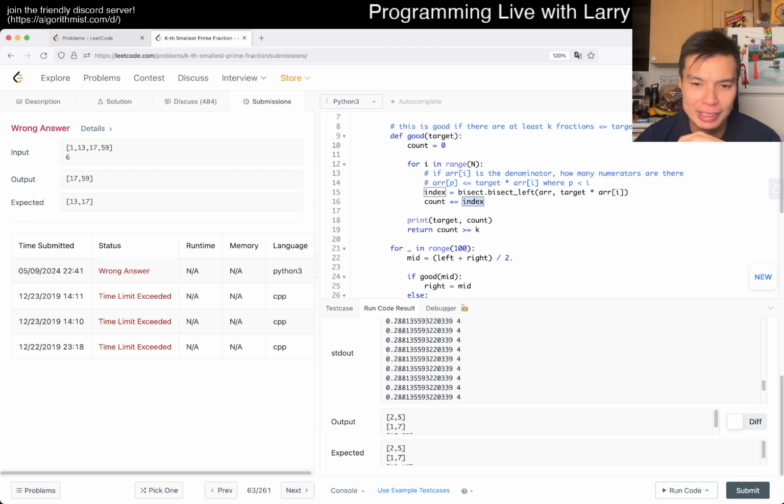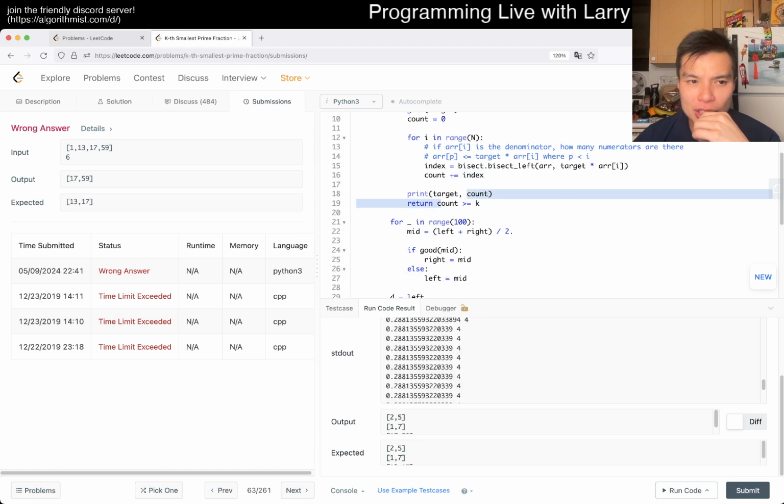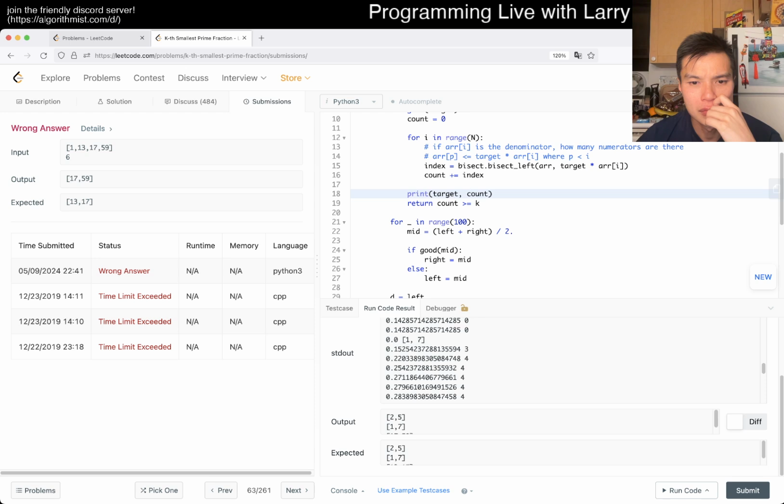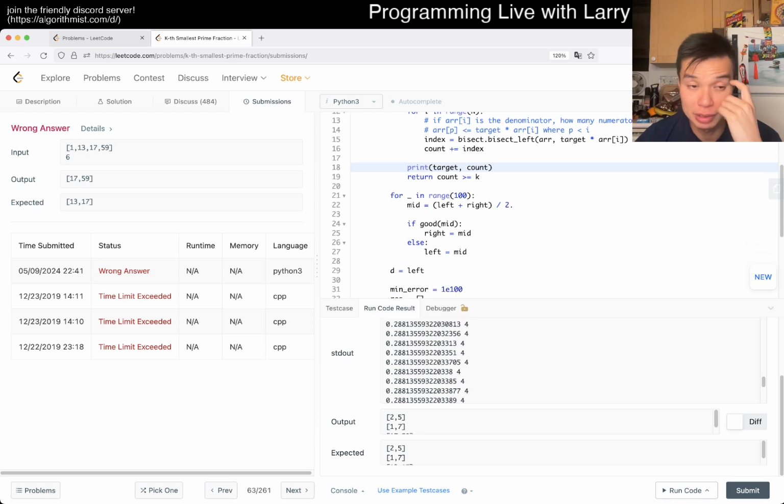But yeah, as you can see, it converges very quickly. But there's only 4, so this is going to just return false the entire time. But that's not right, probably. So 0.288. The real answer is like 0.7 something, right? What am I doing wrong?